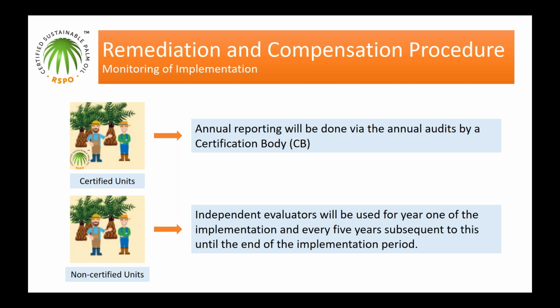Thank you. Here's a question that keeps coming up, and I know RSPO is looking into this, but you could probably clarify further. What is the status of RACP for independent smallholders? Any specific requirement going forward? Like I mentioned in the presentation just now, the current remediation and compensation procedure is not applicable to independent smallholders. At the March BOG meeting, the BOG agreed on an interim measure for independent smallholders in terms of RSCP.